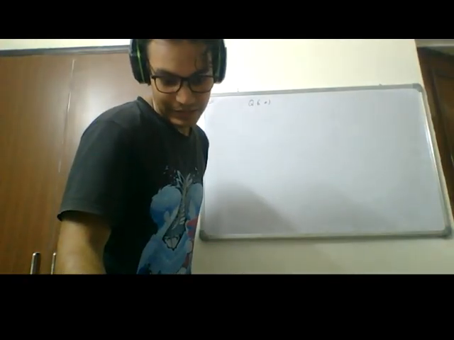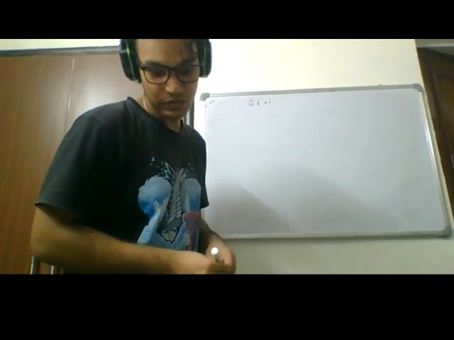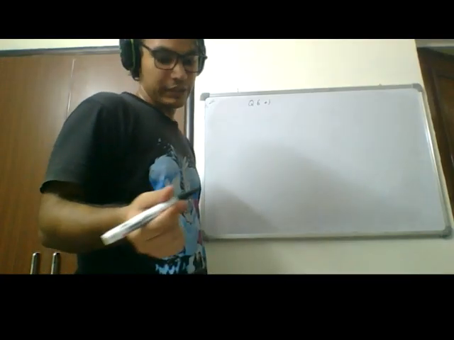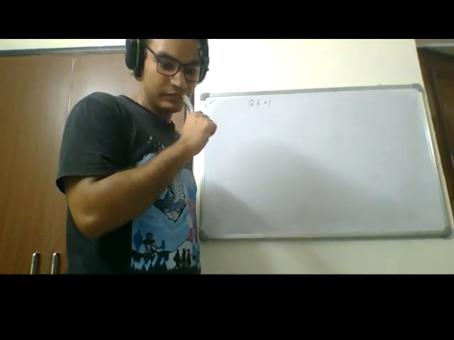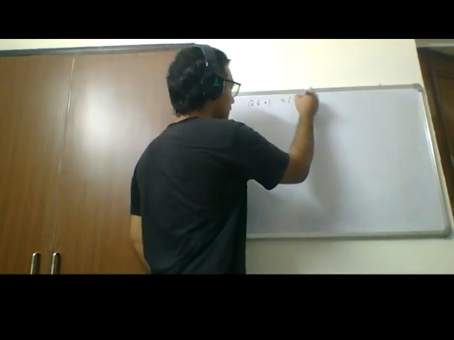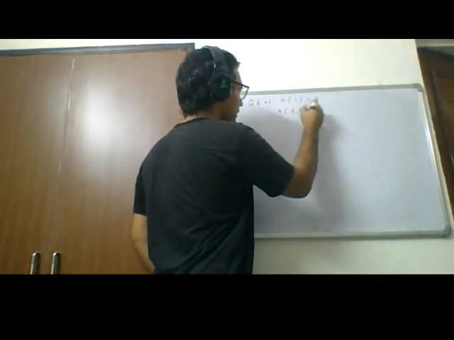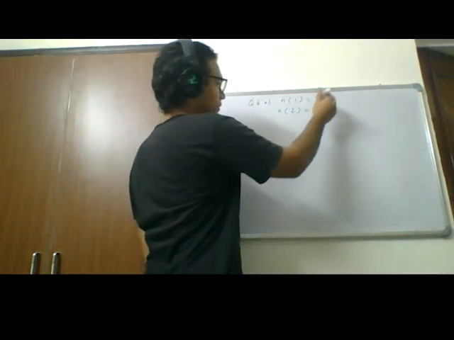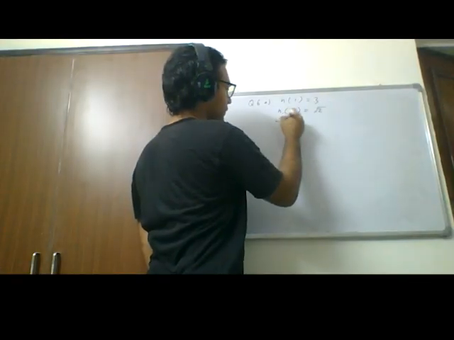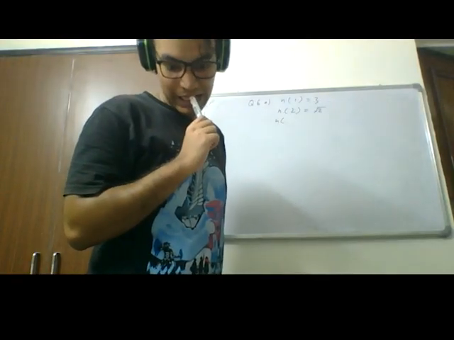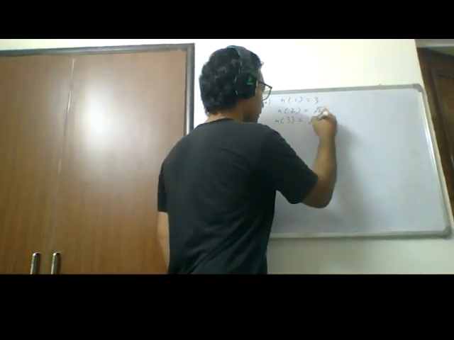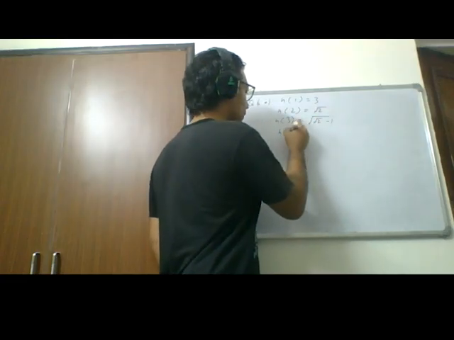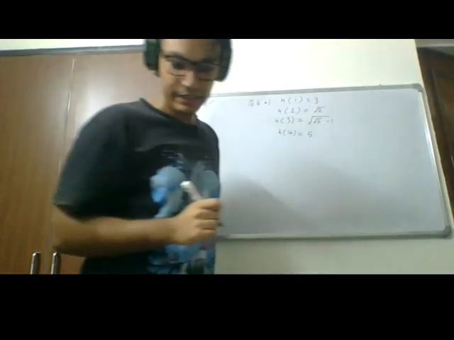Okay. Yeah, this one might exist. Yeah, let's see. So you just have to show uniqueness, right? Okay, h of 1 is 3, h of 2 will be square root of 2, h of 3 will be square root of 2 minus 1, and h of 4 will be 5, right?